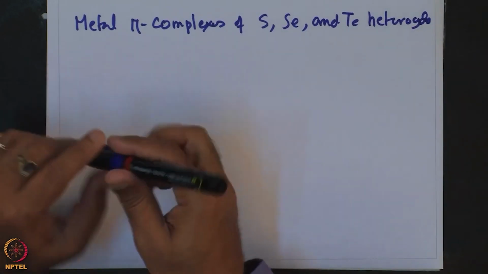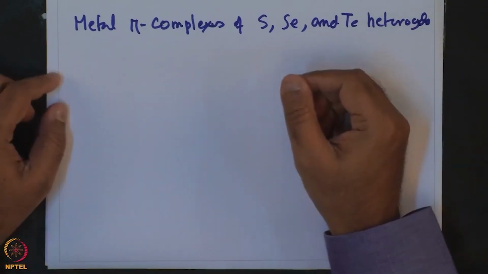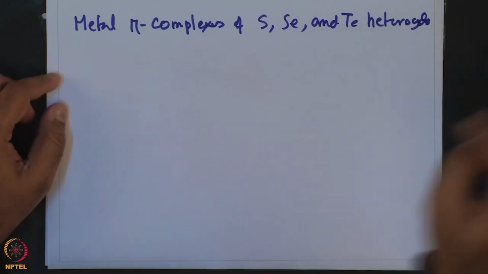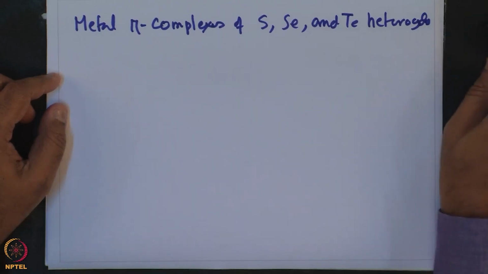Though thiophene is isoelectronic with C5H5 minus, it behaves as more weakly basic, like that of benzene. So, this is an interesting consideration.